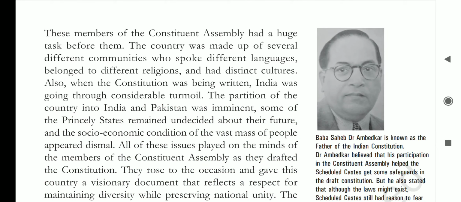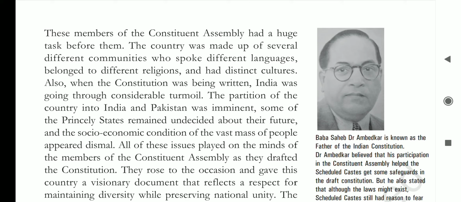Also, when the constitution was being written, India was going through considerable turmoil. The partition of the country into India and Pakistan was imminent. Some of the princely states remained undecided about their future, and the socio-economic condition of the vast mass of the people appeared dismal.